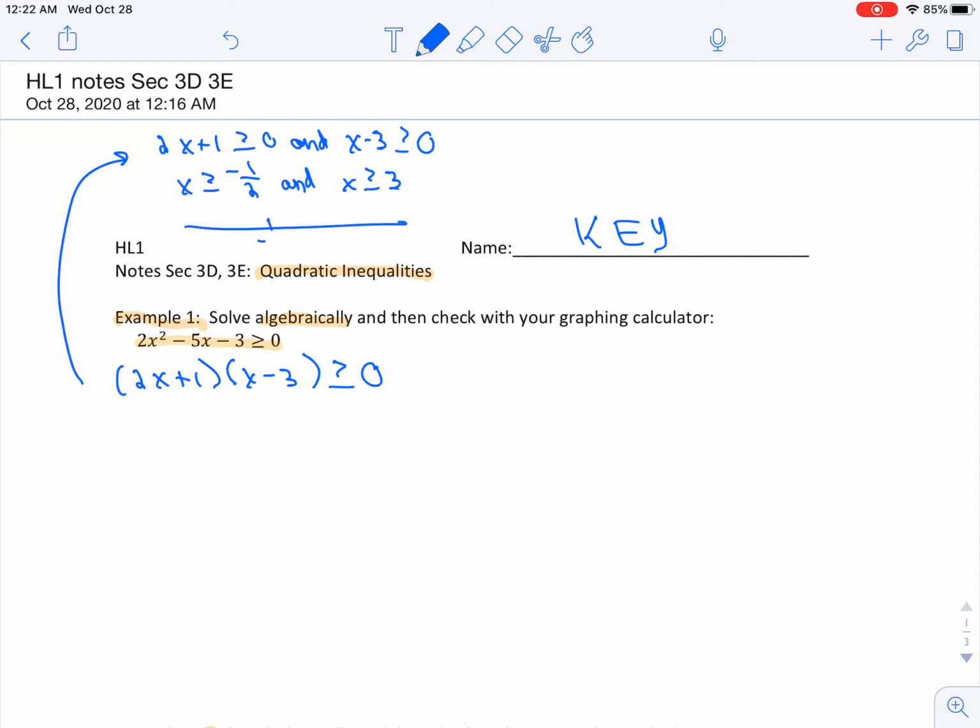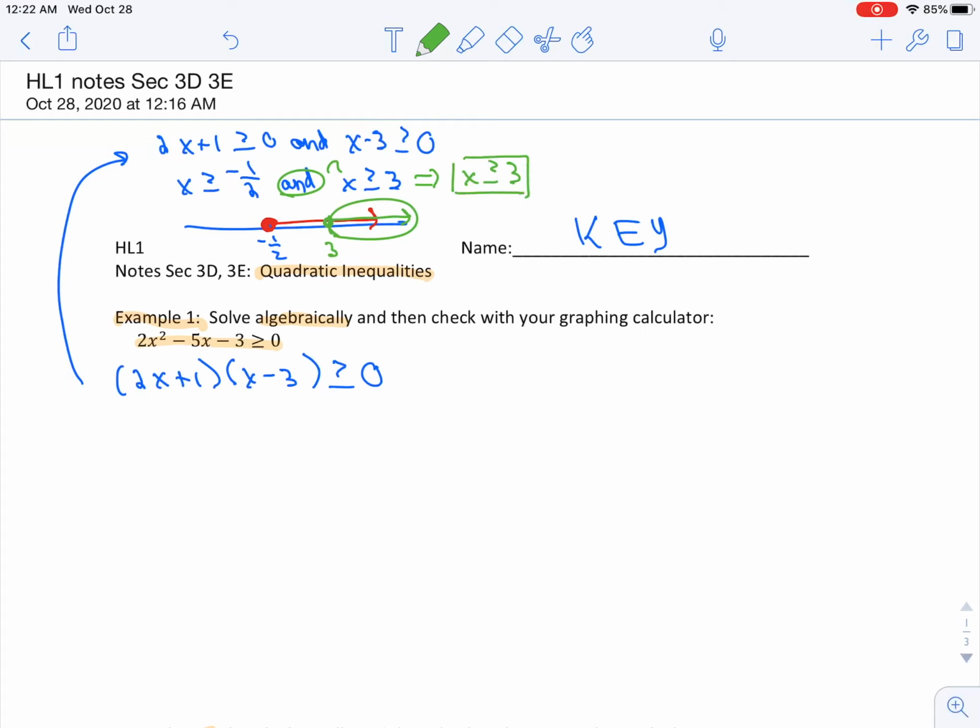One of them is saying x is greater than or equal to negative 1/2, which would graph like this, with a solid dot on it. And then greater than or equal to 3 looks like this. Because it says and, that means intersection. So we're looking for where those overlap. Where do we see both red and green? That's going to be here. So these two combined actually give us that x is greater than or equal to 3.